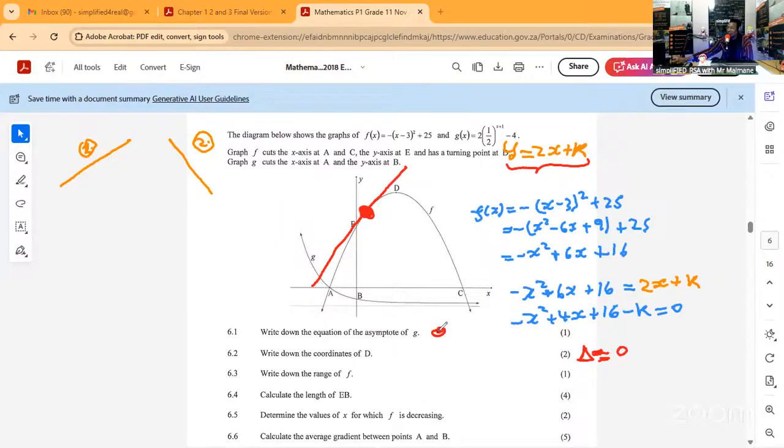Because your a will be -1, your b will be 4, your c will be 16 minus k.